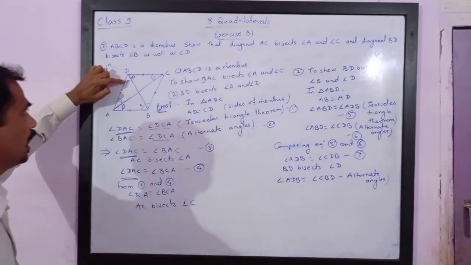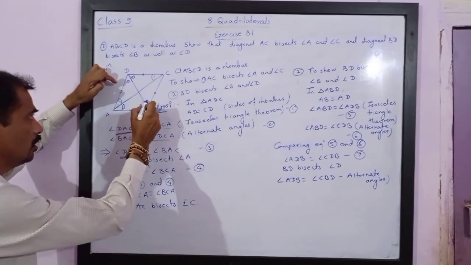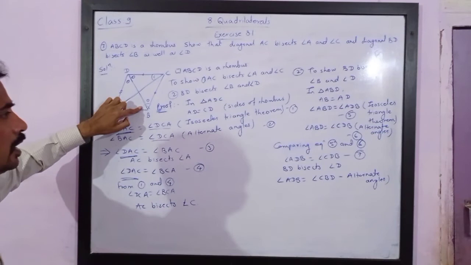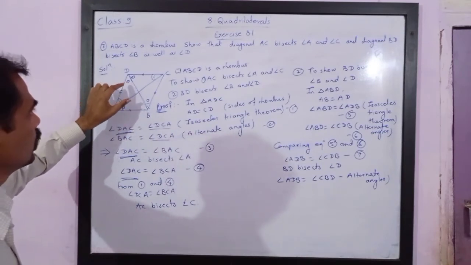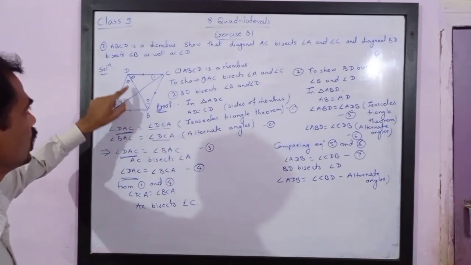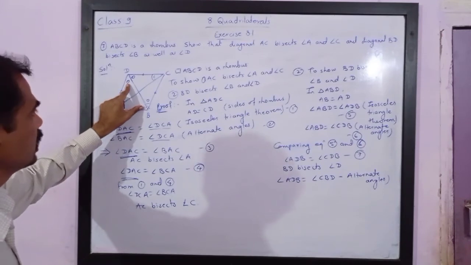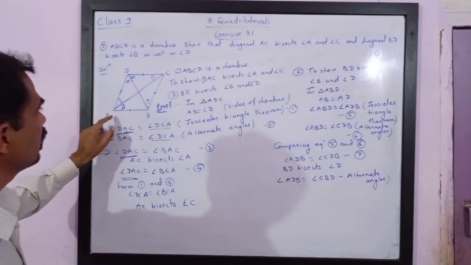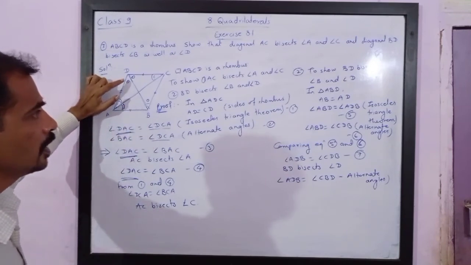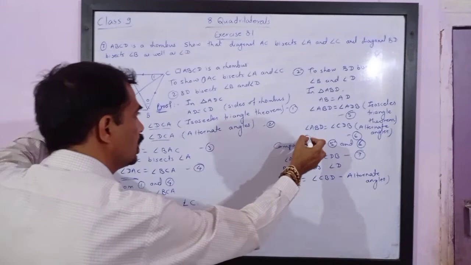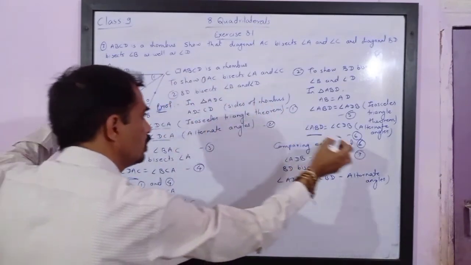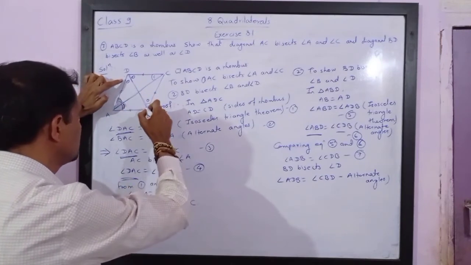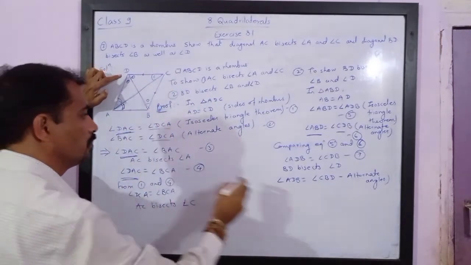See, we have got ADB equals CBD, that is this angle equals this angle. Angle ABD equals CDB, this angle, and ADB equals CBD.